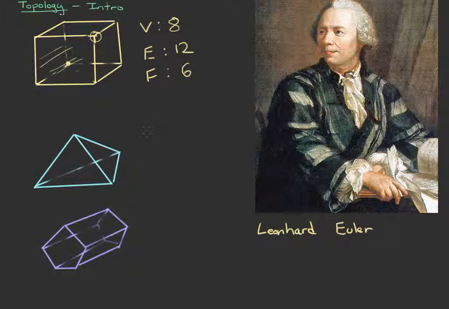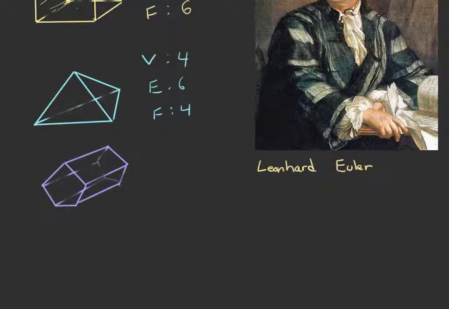Let's do this tetrahedron. For the vertices of the tetrahedron, I have 1, 2, 3, 4 vertices. How many edges? I have 1, 2, 3, 4, 5, 6 edges. And for faces, I have 1, 2, 3, 4 faces. Okay, and the last one is this rather crudely drawn pentagonal prism, but let's see if we can plow through it.